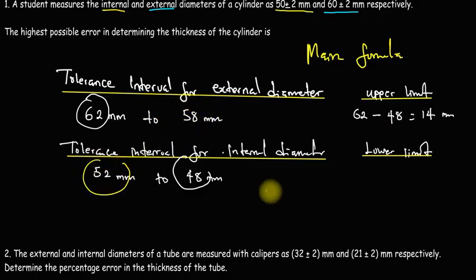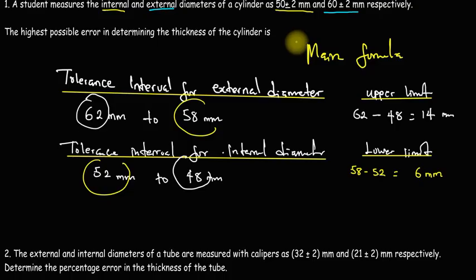So 58 minus 52 millimeters is going to give us 6 millimeters. Now some of you may be wondering, why did we even start to subtract in the first place?